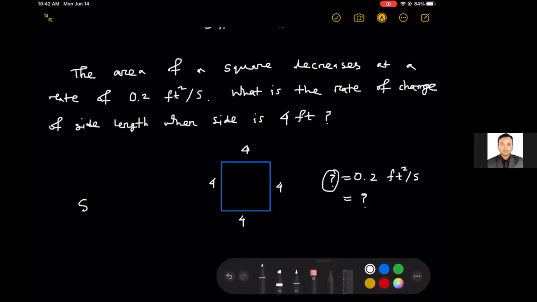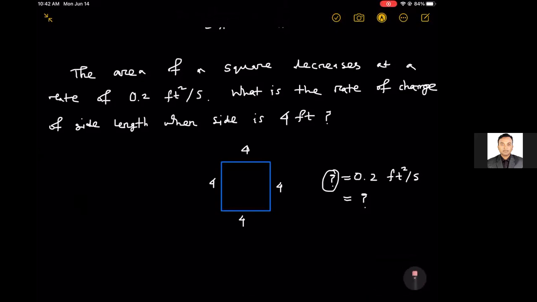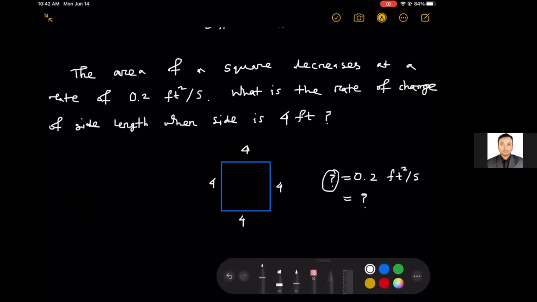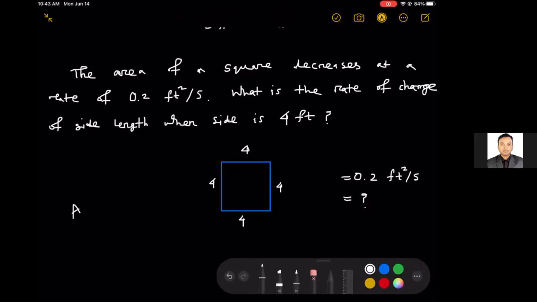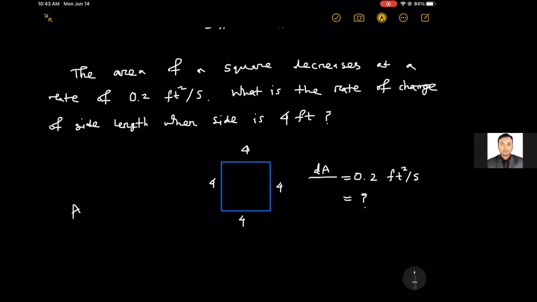Oh, sorry, we're talking about area, right? My bad. I think I should say the area is A. We generally do that. So if the area is A, using your idea, I can say it's dA over dt, right? We generally denote the area with A, volume with V, and radius is obviously R everywhere in the world, and S for length. You can change it, but whatever you do, you need to mention it.